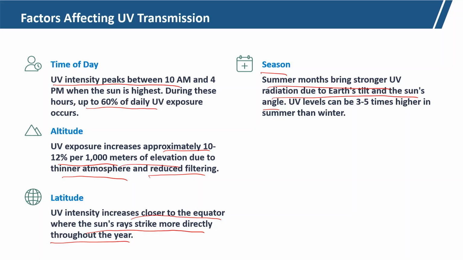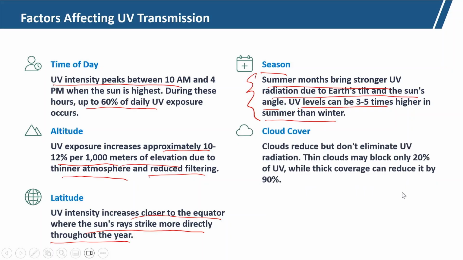UV levels can be 3 to 5 times higher in summer than in winter. So, in summer we have to choose different types of clothing, and our protection level, the UPF value, should be higher than in winter. Then, cloud cover, when it is cloudy.